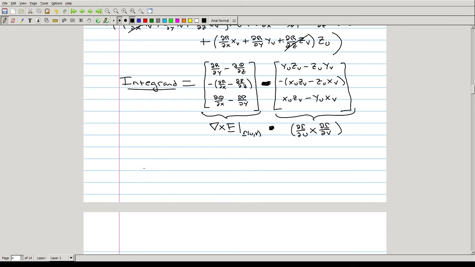And thus, we've shown that the circulation of F dot dr along the boundary is exactly equal to the surface integral, or we'll say the integral over D of the curl of F evaluated at the surface, r of u,v, dot product with r_u cross r_v.